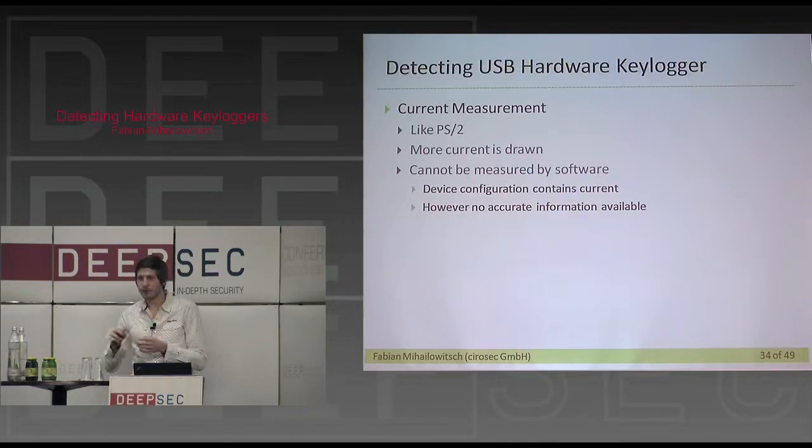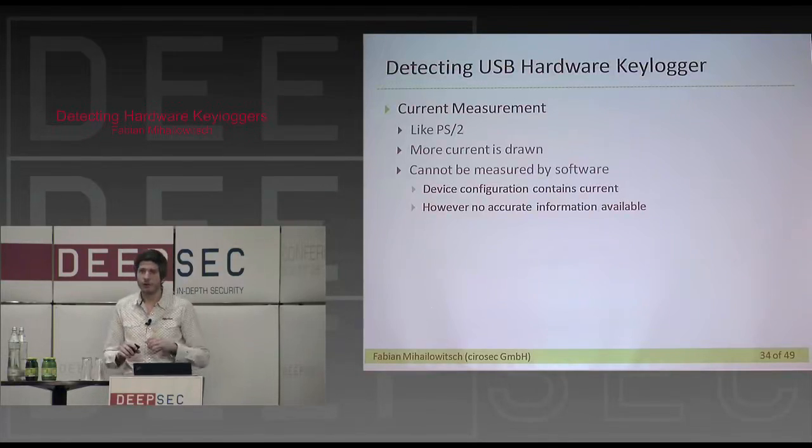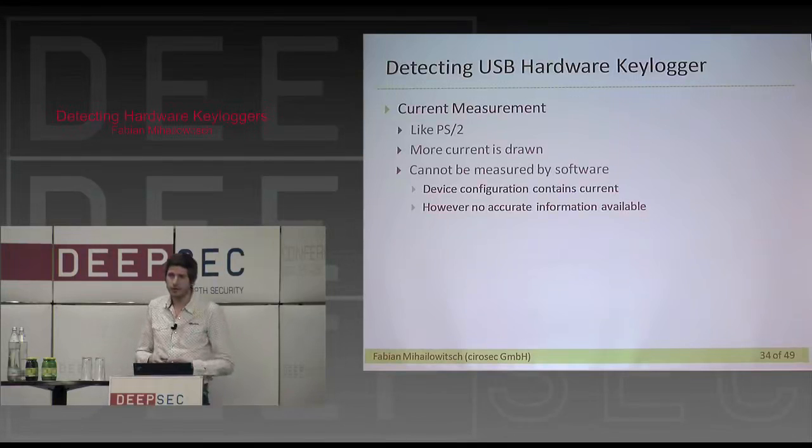In its control transfer, once it is configured, it says how much current it wants to consume, and that's the value displayed in Device Manager. You don't have any sensors on your motherboard either to measure how much current is drawn by USB. So forget it, you can't do it with current measurement for USB 2. It doesn't work with current hardware.